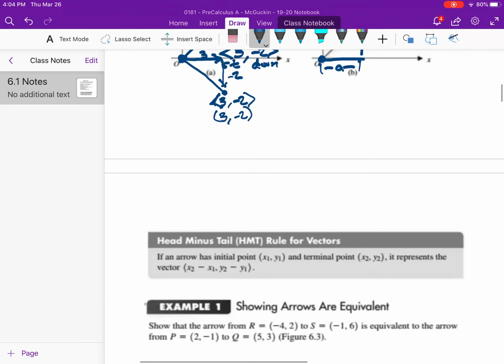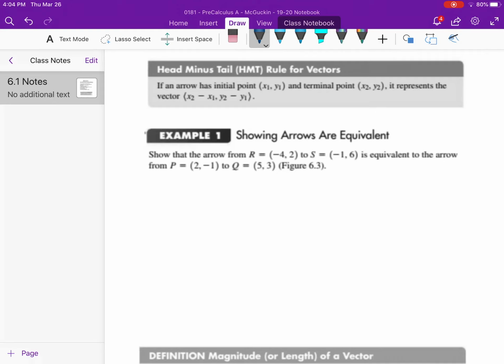So let's take a look at a real quick example of how we can show that arrows or vectors are equivalent using this rule called the head minus tail rule for vectors. If you think about what's going on, the distance of these vectors is going to be the same. I'm going to draw a vector real quick.